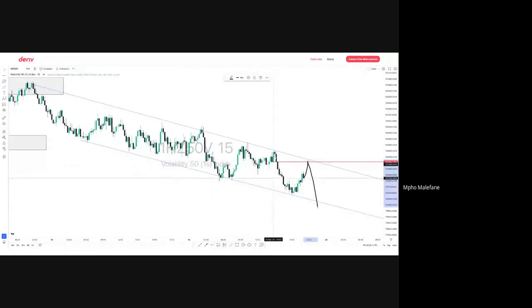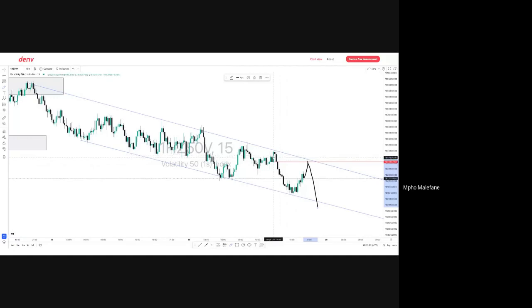Because there are imbalances in the market around this particular place, I'm trusting the price of the market to fill these imbalances here. Which means this price of market is still coming to around this place. Understand? And I can spot another order block here.